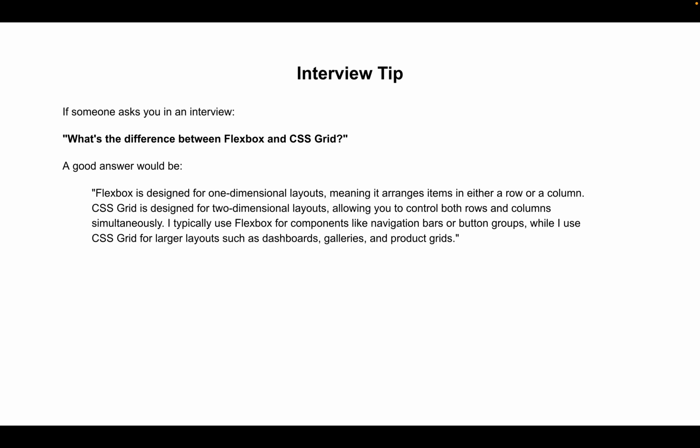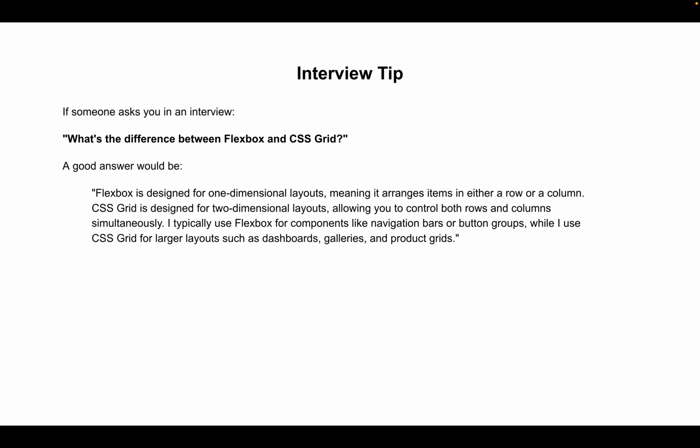Quick interview question. At last, we will discuss: what is the difference between Flexbox and CSS Grid? A good answer could be: Flexbox is designed for one-dimensional layout, meaning it arranges items in either a row or a column.